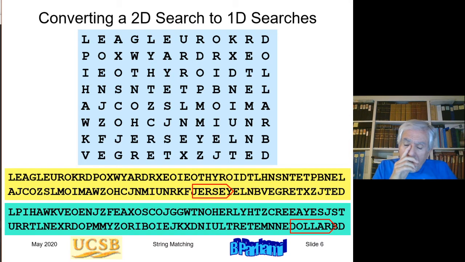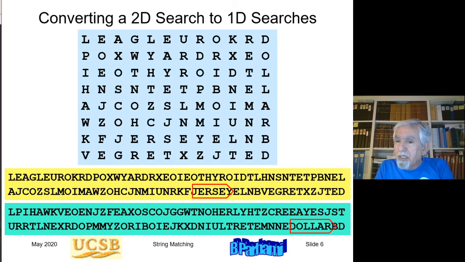So if you have, for example, a program that solves these one-dimensional puzzles, you can use it to solve a two-dimensional puzzle by simply inputting the two-dimensional puzzle as four one-dimensional puzzles, and then your program will look in those four versions of the puzzle to find all the words that you're looking for.